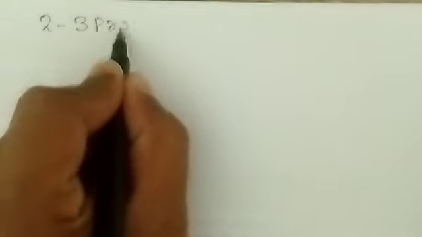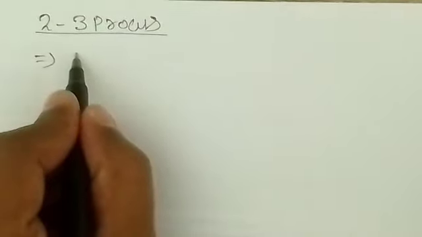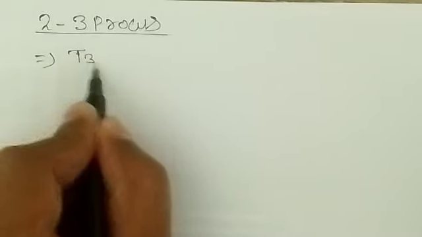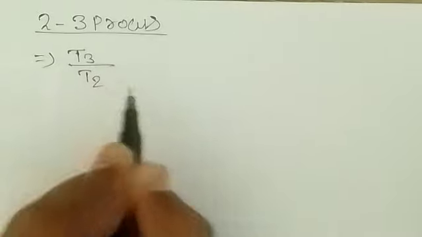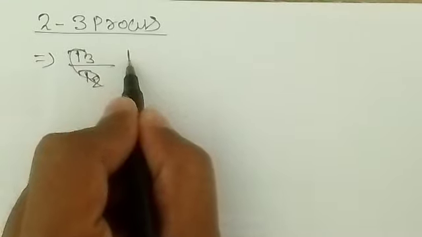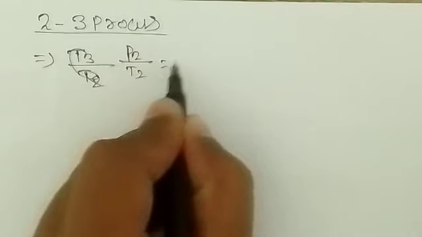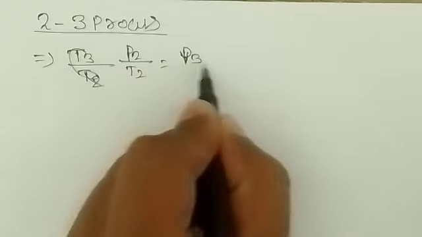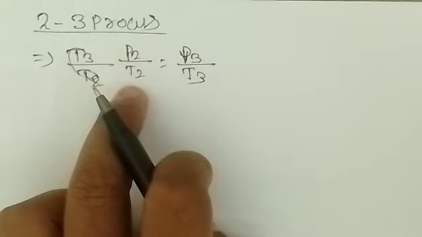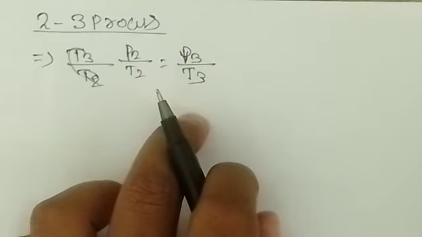So 2 to 3 process means that volume is constant. So P2 by T2 is equal to P3 by T3. Is it or not? Now we have a P2, we have a T2, we don't have P3 and we don't have a T3.